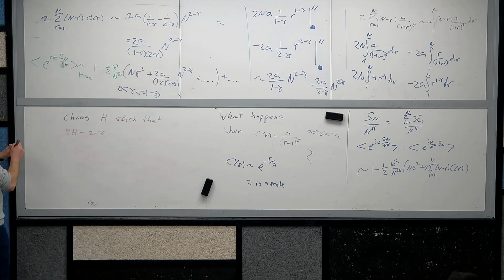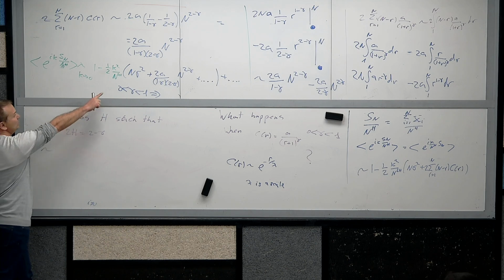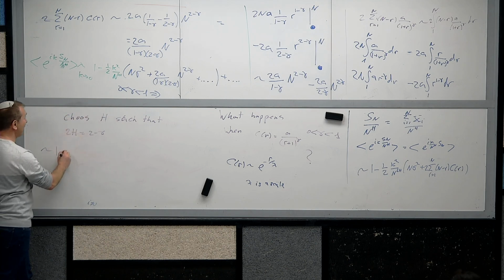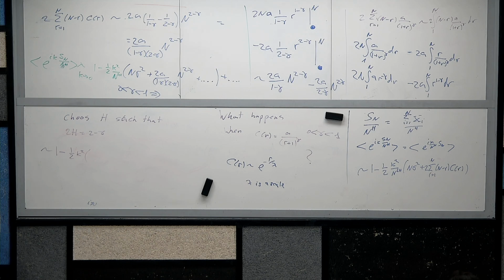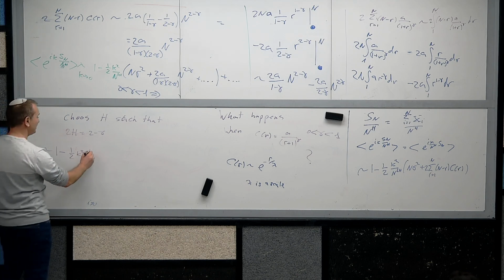So we have 1 minus 1/2 k squared. Let's look at what happens over here.